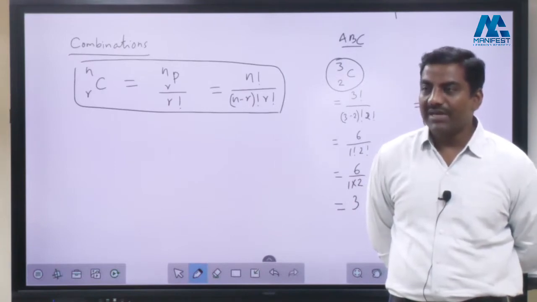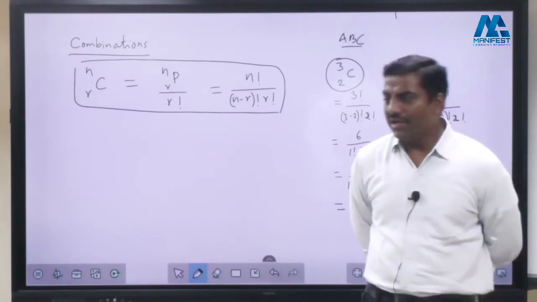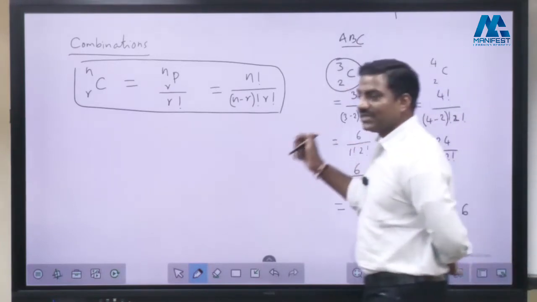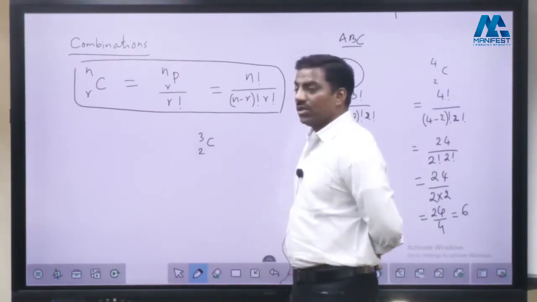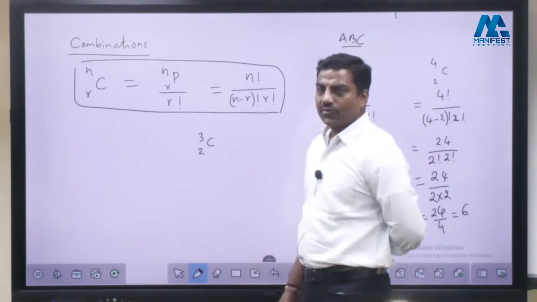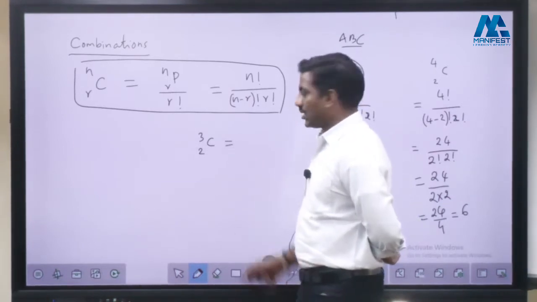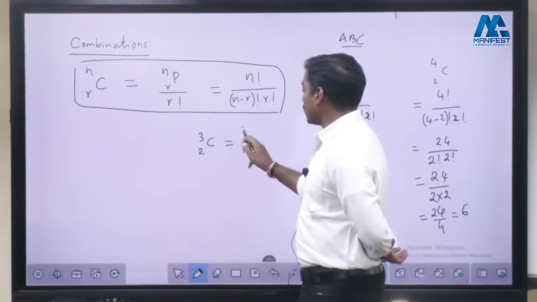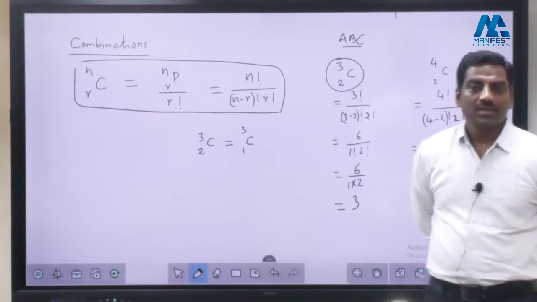Reject one person every time. 3 ways. A, B and C. So can you tell me this selection of 2 persons out of 3 persons is as good as rejecting 1 person out of 3 persons? Yes or no?